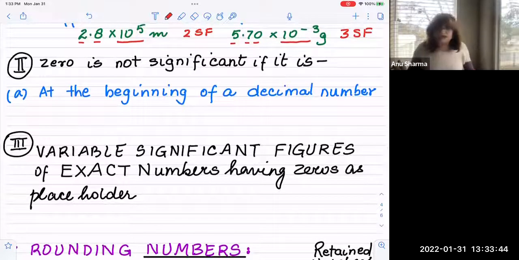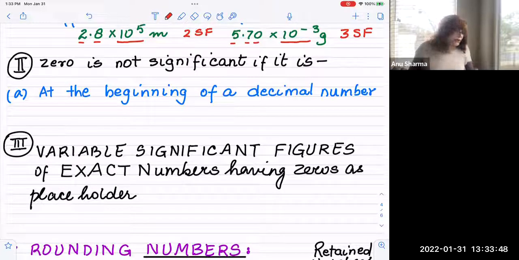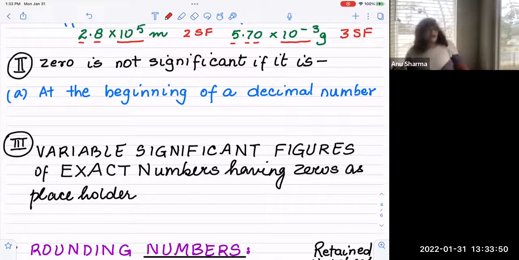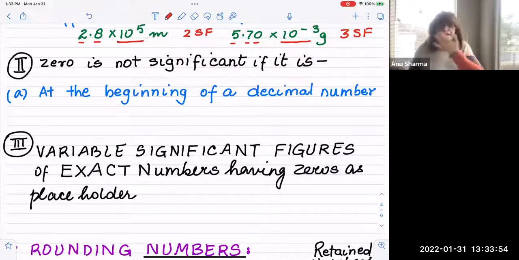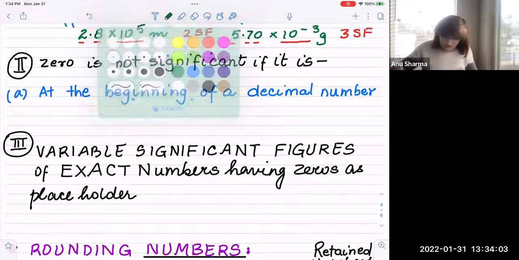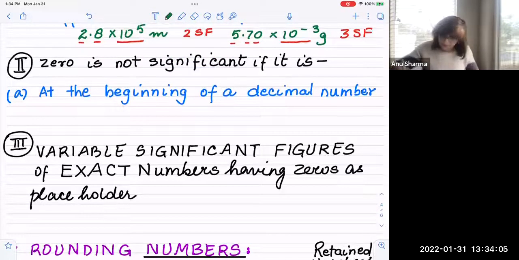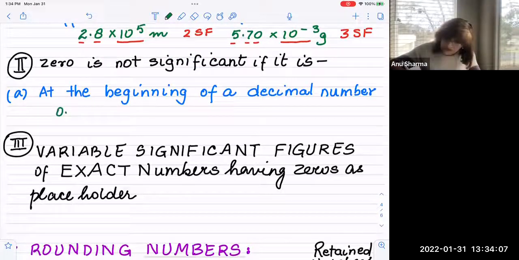Now 0, that is not significant, which is not important. I mean, okay, here's the thing. It doesn't make sense that it is not important. It is still important, but at least in terms of doing measurements and counting, we can ignore them. That's a better way of saying that. So here we have a number like 0.00005.